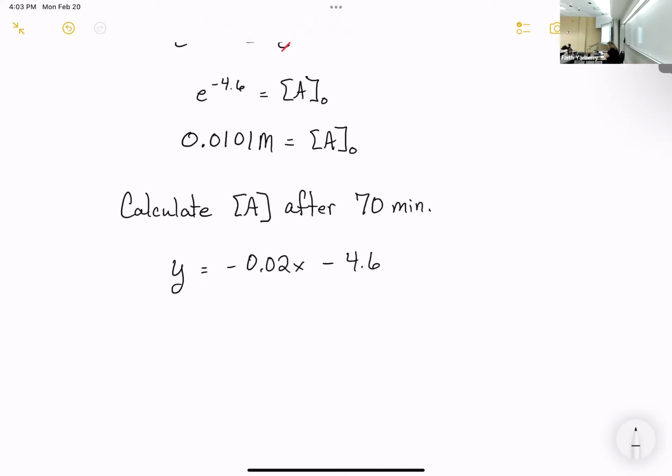You can use this equation, but you gotta keep in mind what everything means here. Natural log at a given time is equal to a negative KT plus natural log of A naught.